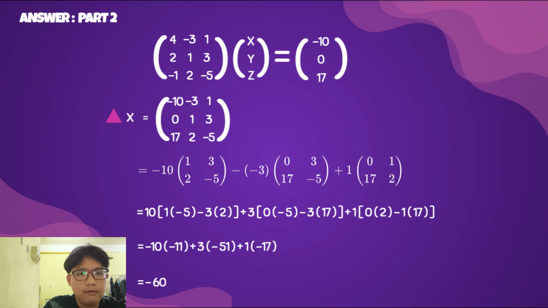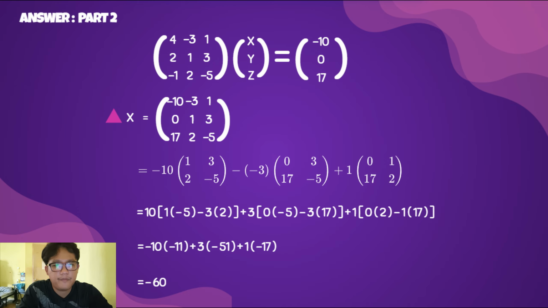Then negative 10 will multiply the bracket, which means 1, 3, 2 and negative 5. After that we will do minus negative 3, multiplied with the bracket 0, 3, 17 and negative 5, and then we will plus 1 and then multiply with 0, 1, 17 and 2, and then we get the numbers like this to get the answer.